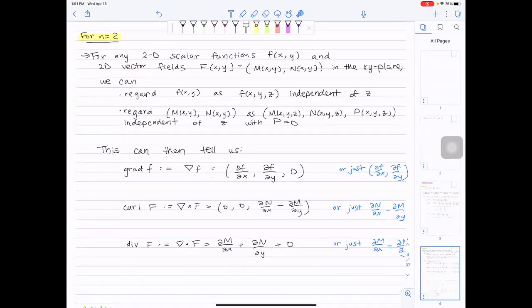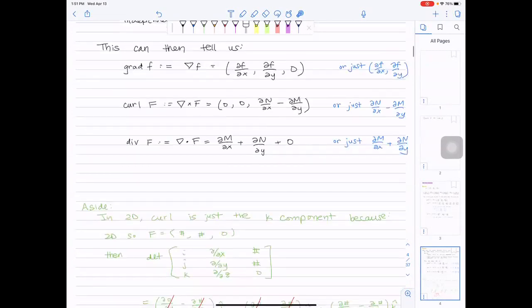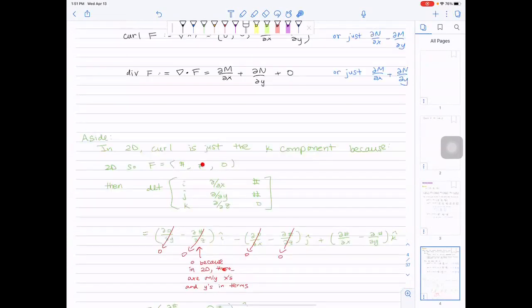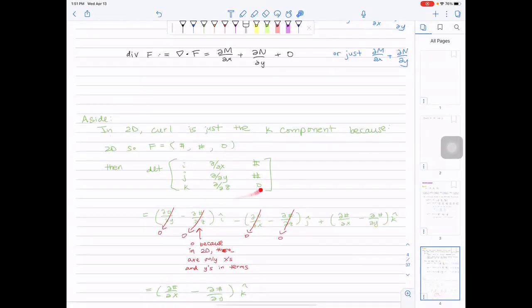For curl in 2 dimensions, this term ends up becoming 0, and this term also ends up becoming 0. The reason is that if you have a function with just an x and a y, here I've written in green, we can do the determinant as I said.